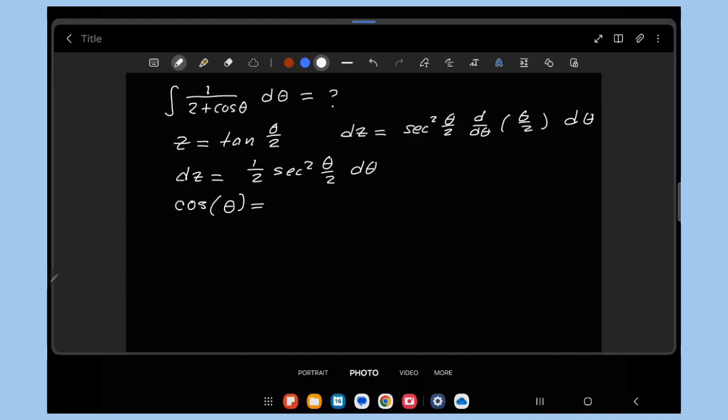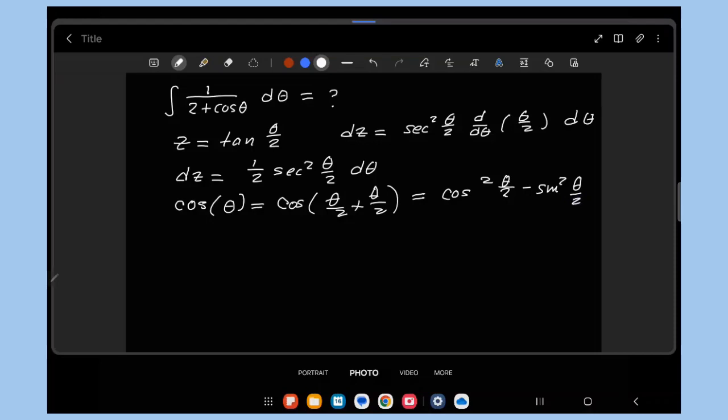Well, we're using a half angle in z equals tangent theta over 2, so let's try the cosine of theta over 2 plus theta over 2, just using the fact that theta over 2 plus theta over 2 is equal to theta. If we use the addition formula for the cosine, this will give us cosine squared of theta over 2 minus sine squared of theta over 2.